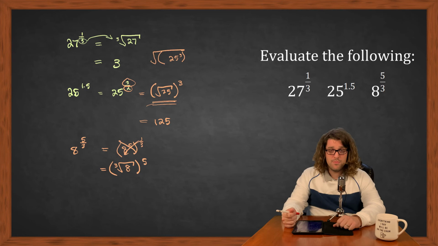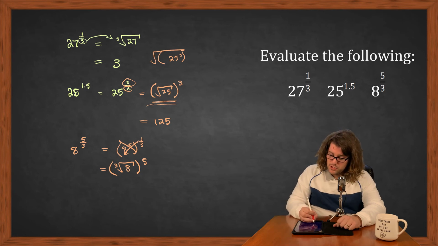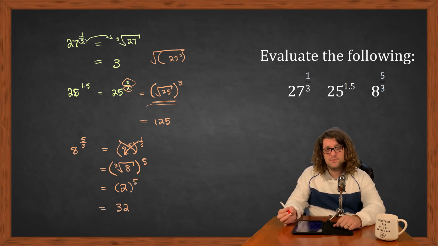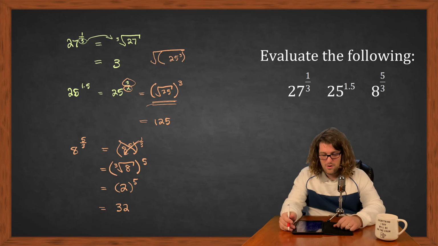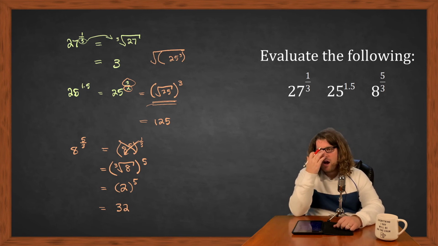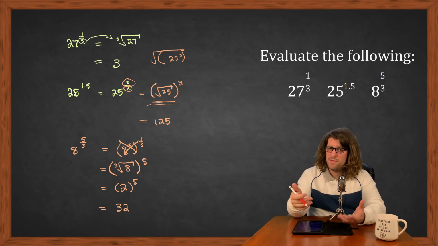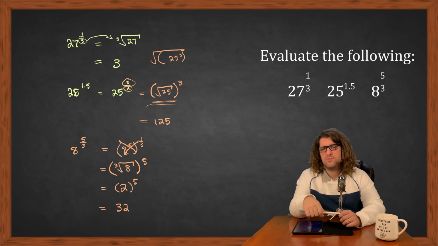So the cube root of 8 is going to give us a 2. And then we still have to apply that 5th power on 2, but that's not too bad. 2 times 2 times 2 is 8, times 2 is 16, times the last 2 is 32. So there we go. I've evaluated those three numbers by using this idea of what these rational exponents really mean.